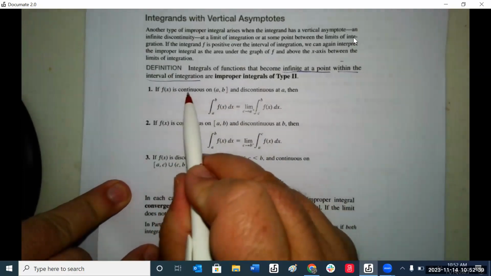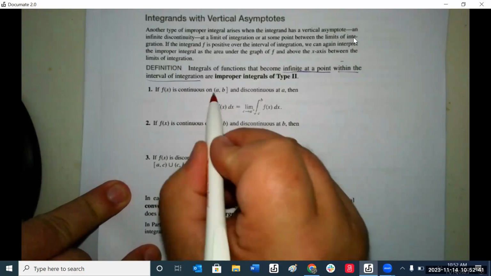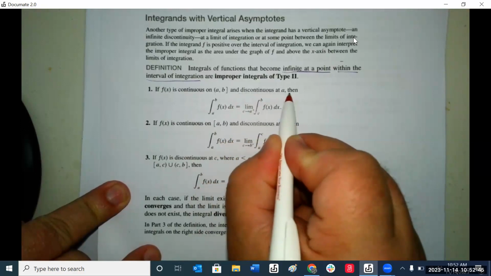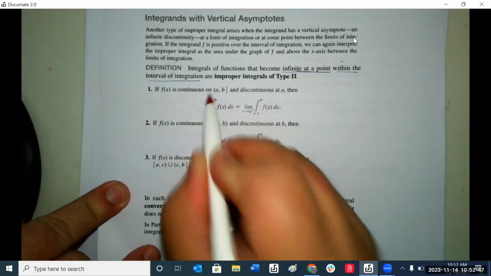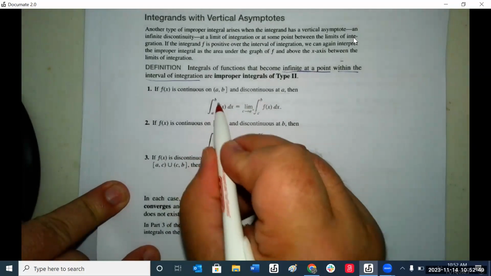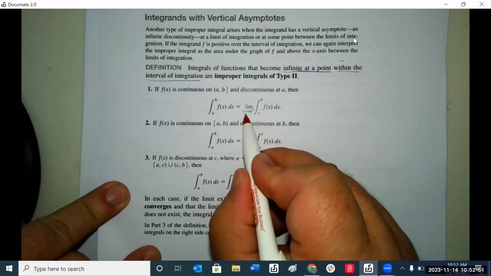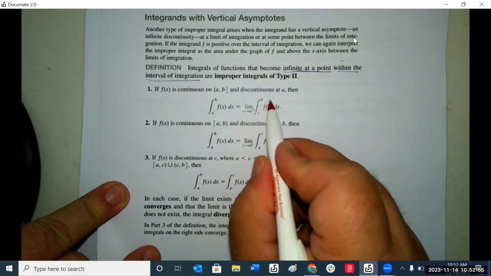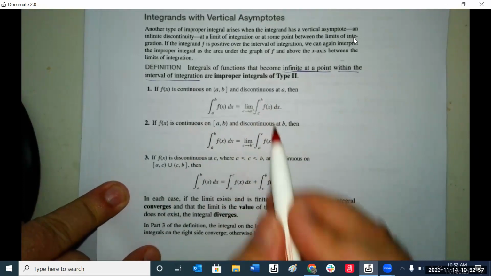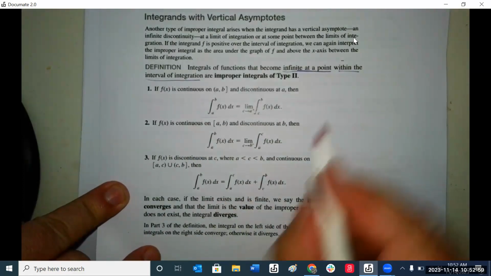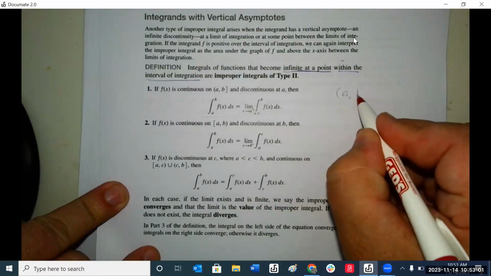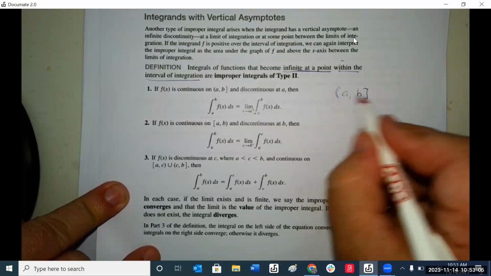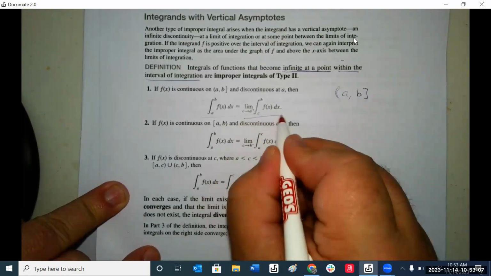If f of x is continuous on the interval from A to B, except at A, that's why it's not included, then the limit as C approaches A from the right of the integral from C to B of f of x is this function. We'll use this equation. If we have the closed to open or open to closed interval, then we have to use this one.